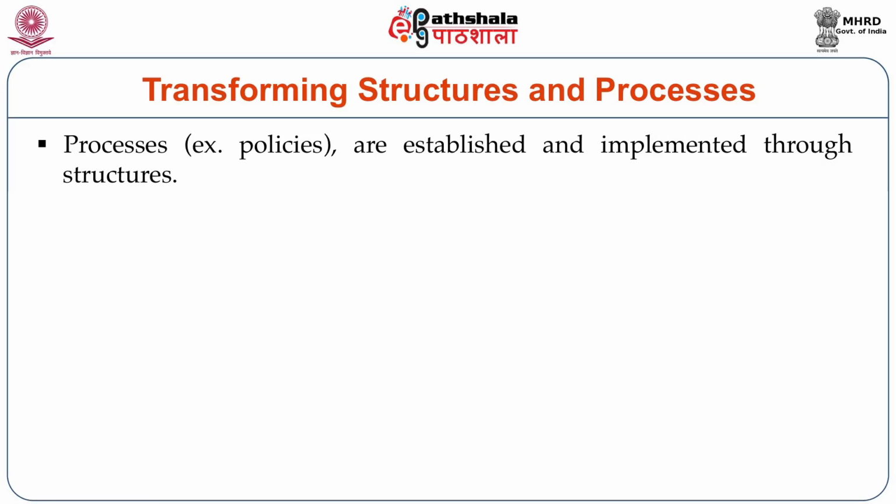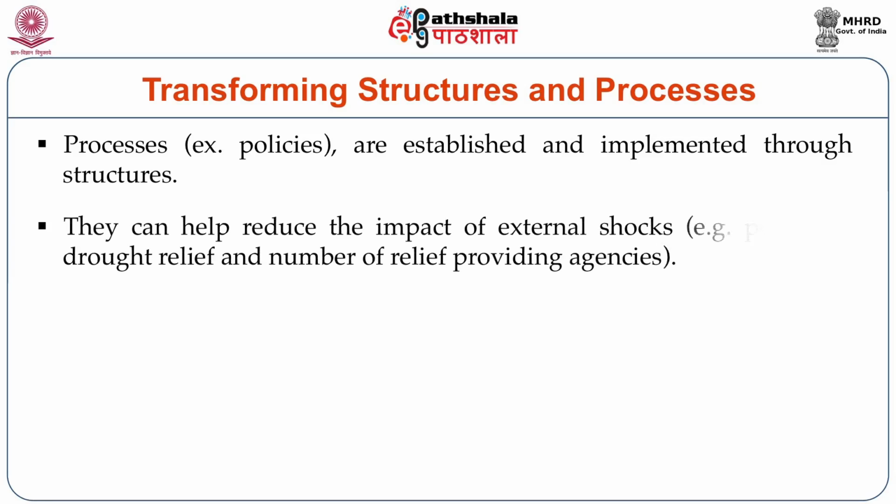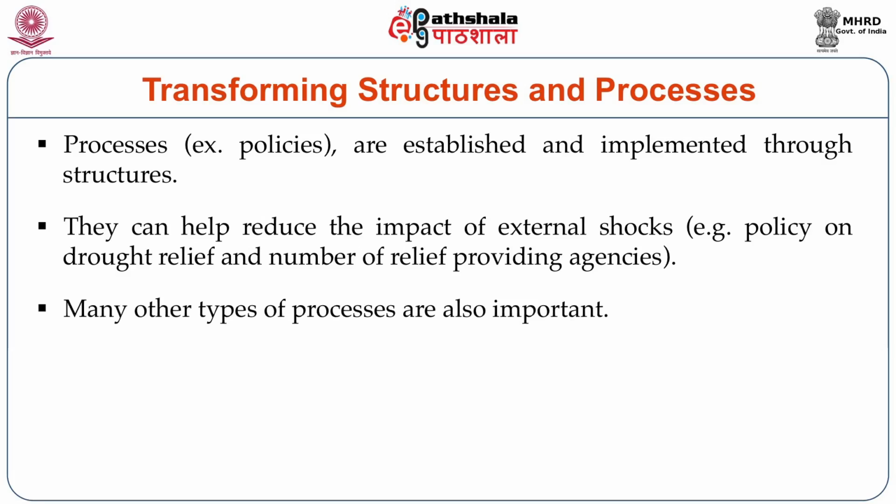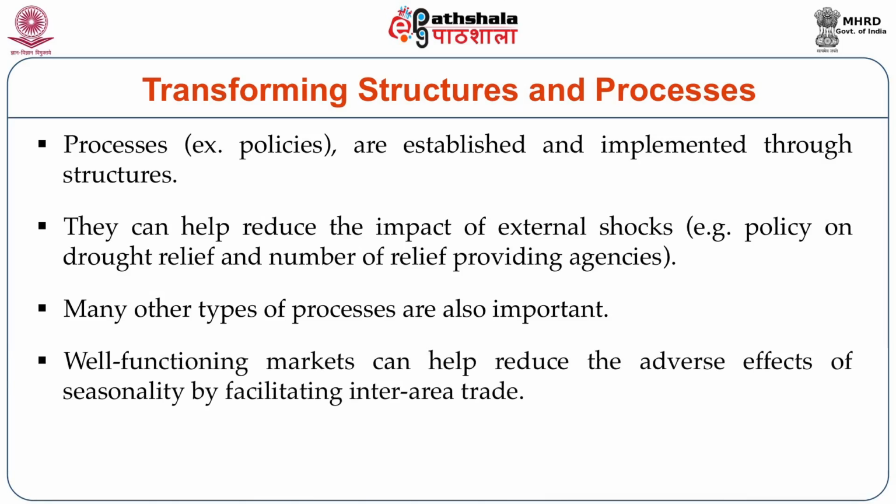It could be governmental or non-governmental. Here, processes could be, for example, policies. They can help reduce the impacts of external shocks, for example, policy on drought relief and the number of relief providing agencies for that matter. Many other types of processes are also included in this, and it's also very important.